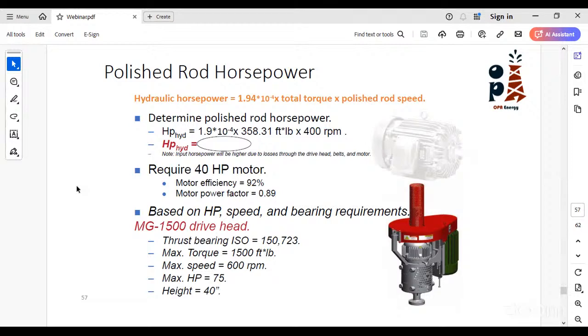We should take into consideration that the power of the motor is transferred to the drive head and to the polished rod. So there is a mechanical efficiency in the system. You should consider it during your design. Of course, you have a motor efficiency and a motor power factor, so these parameters can also be taken into your design to have a quick look at before choosing the suitable motor for your system.